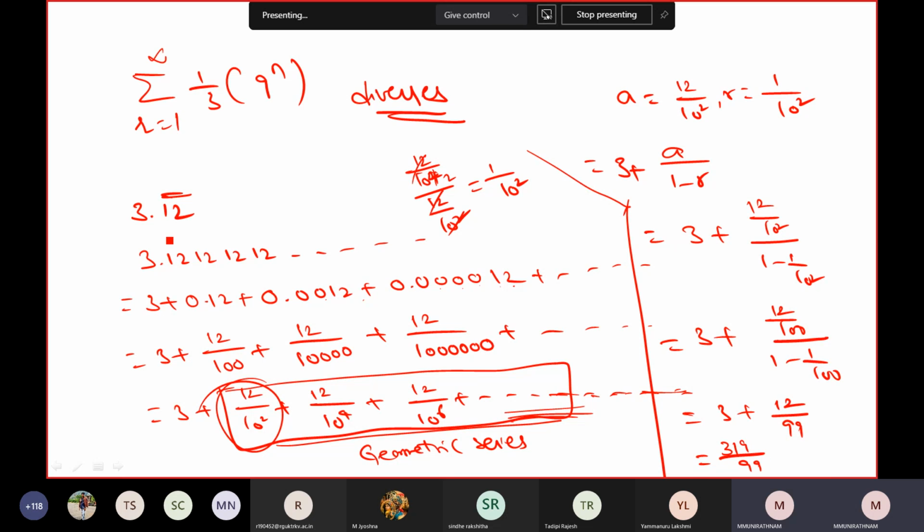That is the rational expansion of the repeating decimal 3.12 bar.